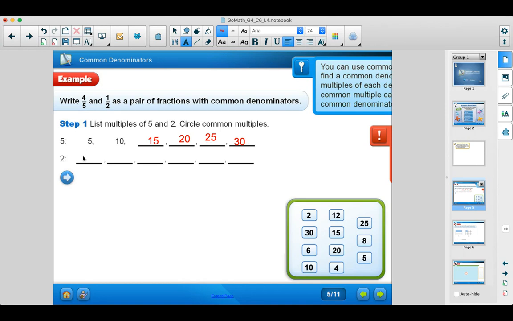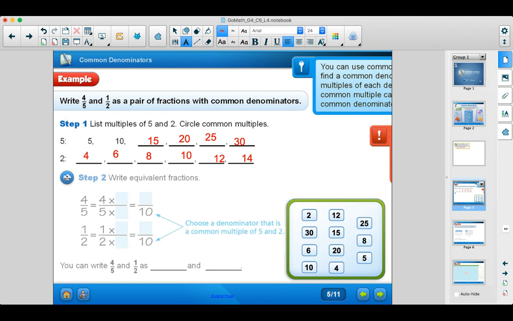Now let's find the multiples of 2: 2, 4, 6, 8, 10, 12, 14. Please make sure you write this information in the Go Math book. Now, let's look to see what multiples they have in common.